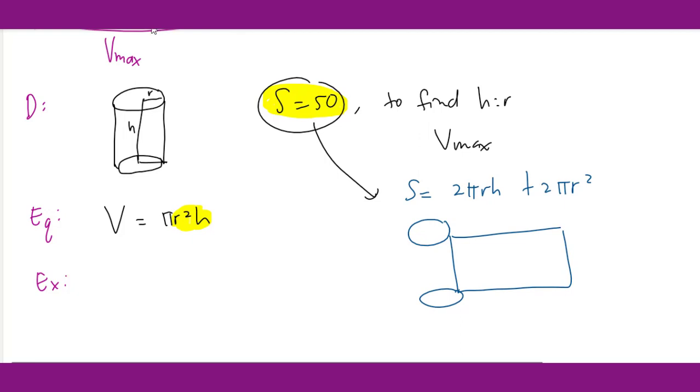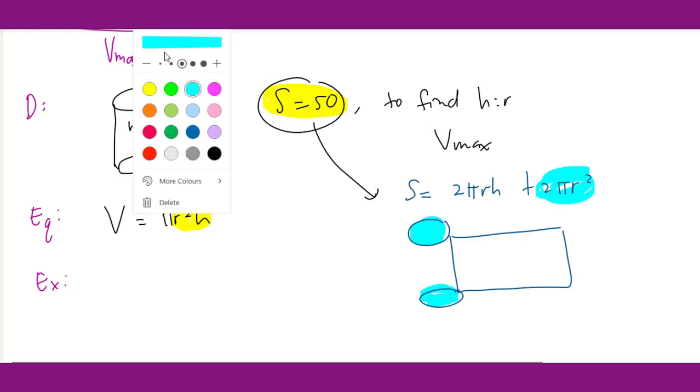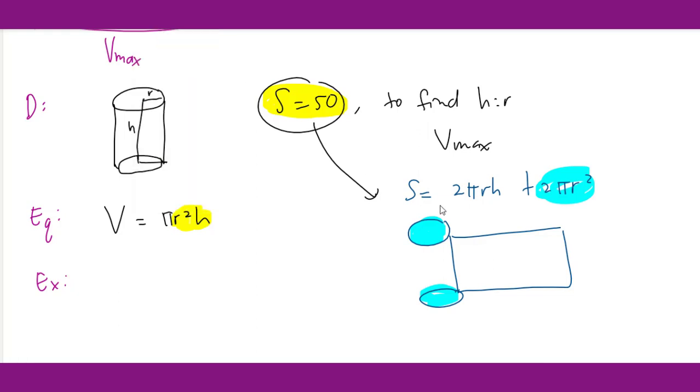This part refers to the area of the top and bottom, and this part refers to this rectangular area. This is 2 pi r h, 2 pi r the perimeter of the circle, and h. So this is the total surface area.